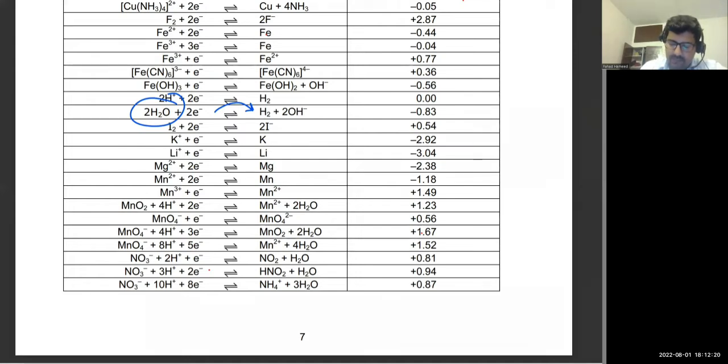For water, you've got 2 water molecules gaining 2 electrons, forming H2 plus 2 OH minus ions. And this is minus 0.83 volts. So I've got these two reactions.